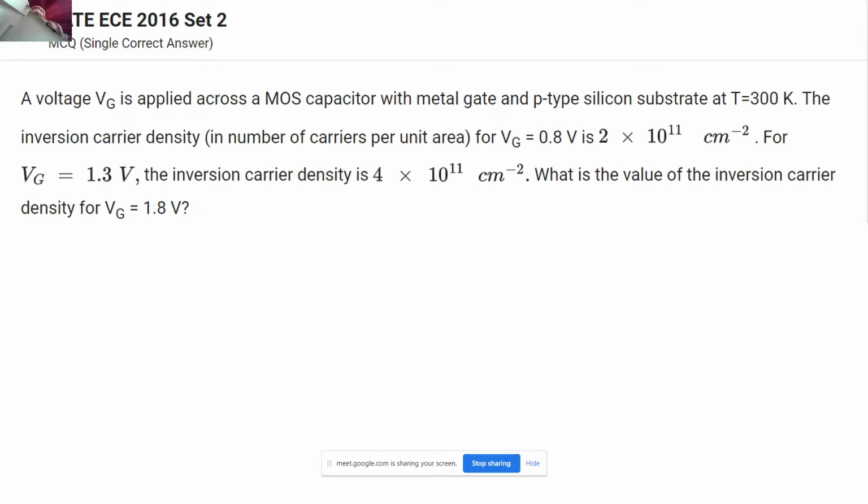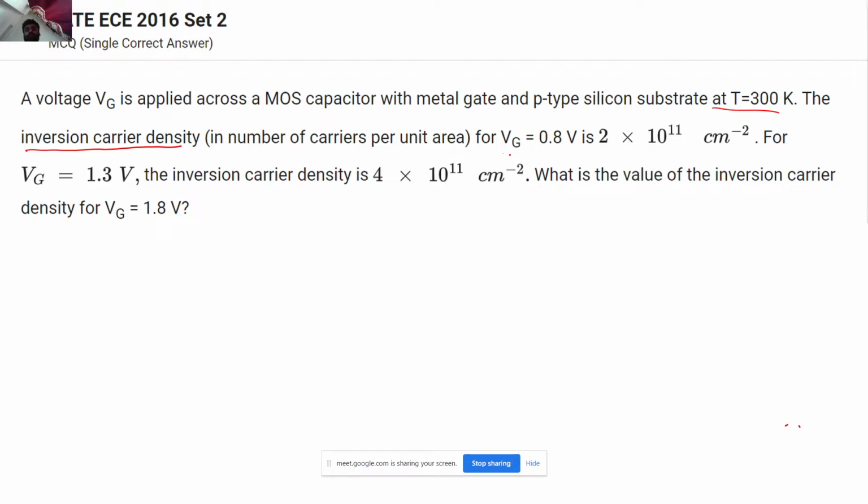Now this is a little bit tricky question. A voltage Vg is applied across a MOS capacitor with metal gate and p-type silicon substrate, at room temperature, right? The inversion carrier density, I will explain what this is, is given as number of carriers per unit area.